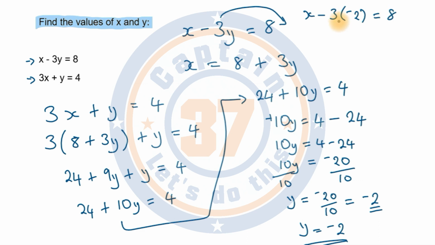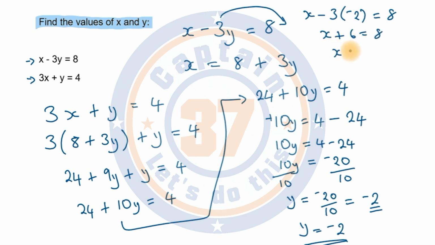We simply replaced this y with the value of negative 2. So it's going to be x, negative times negative is positive, 3 times 2 is 6. So plus 6 is equal to 8.